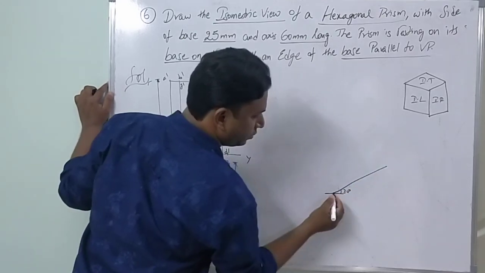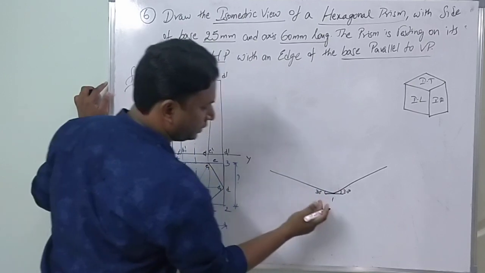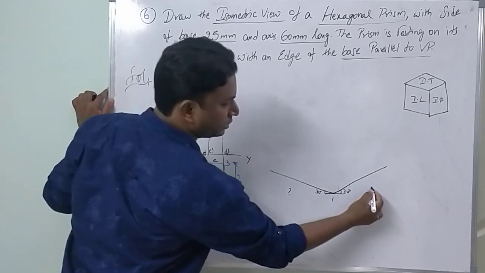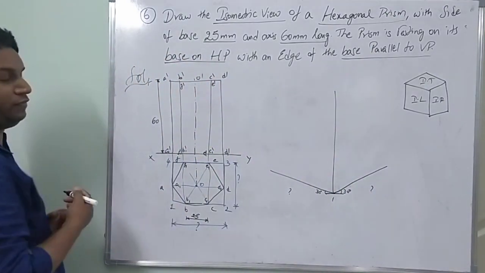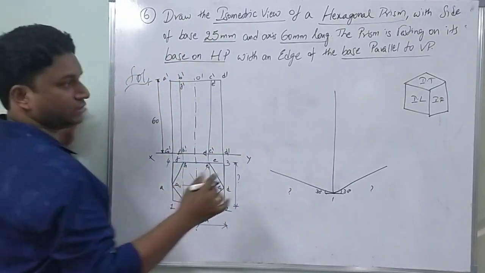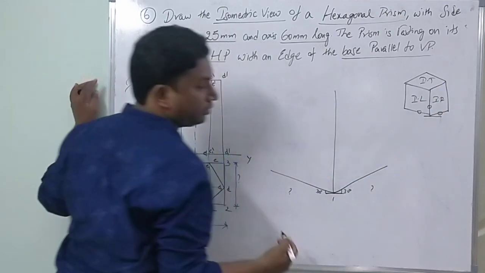A 30 degree line towards the right, and a 30 degree line towards the left. These two dimensions are question marks, and the height is 60. First try to draw these 3 lines, 1, 2, 3.